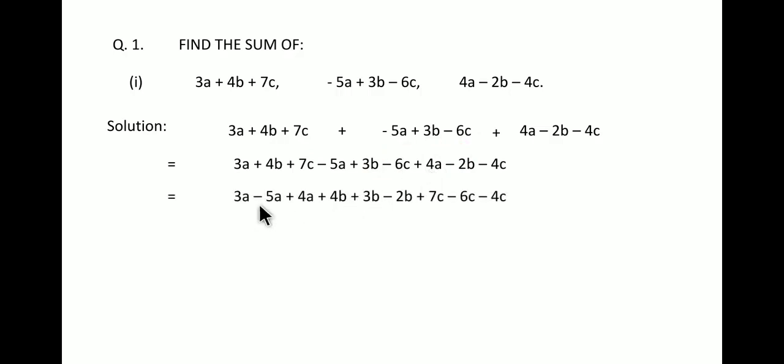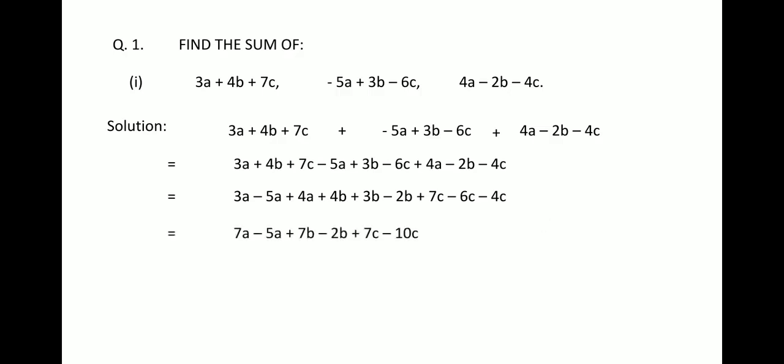First you write down those a terms, then the b terms: 4b plus 3b minus 2b. Then the c terms: plus 7c minus 6c minus 4c. All the like terms together, a terms, b terms and c terms.